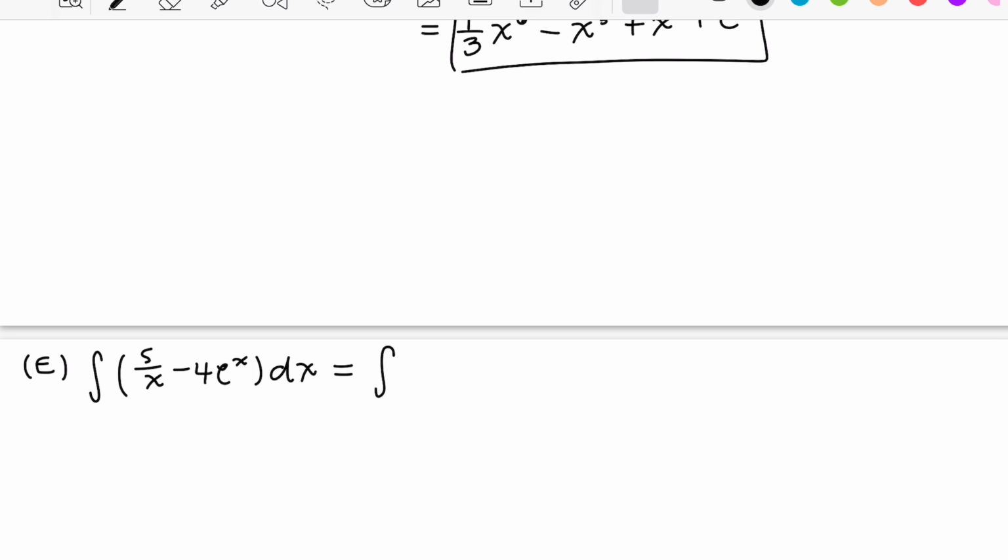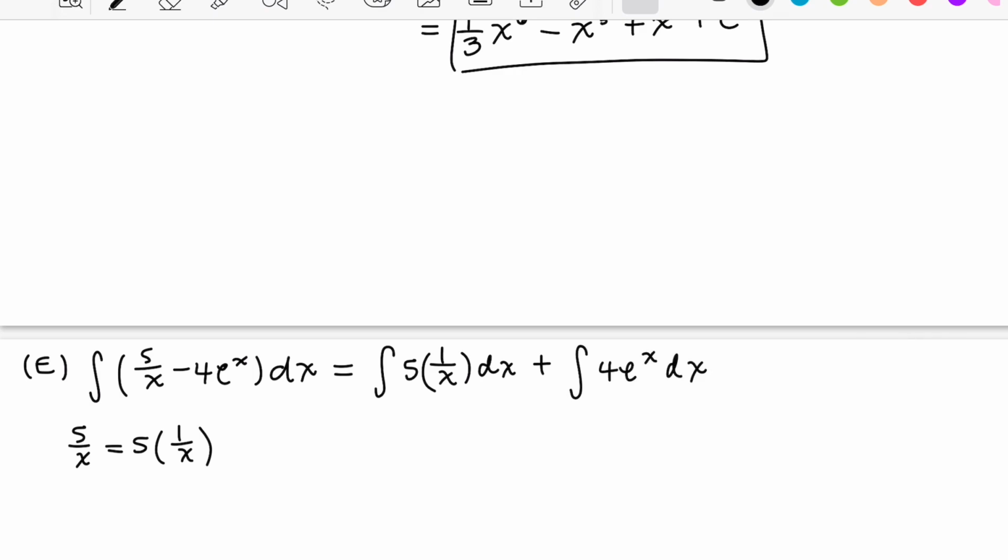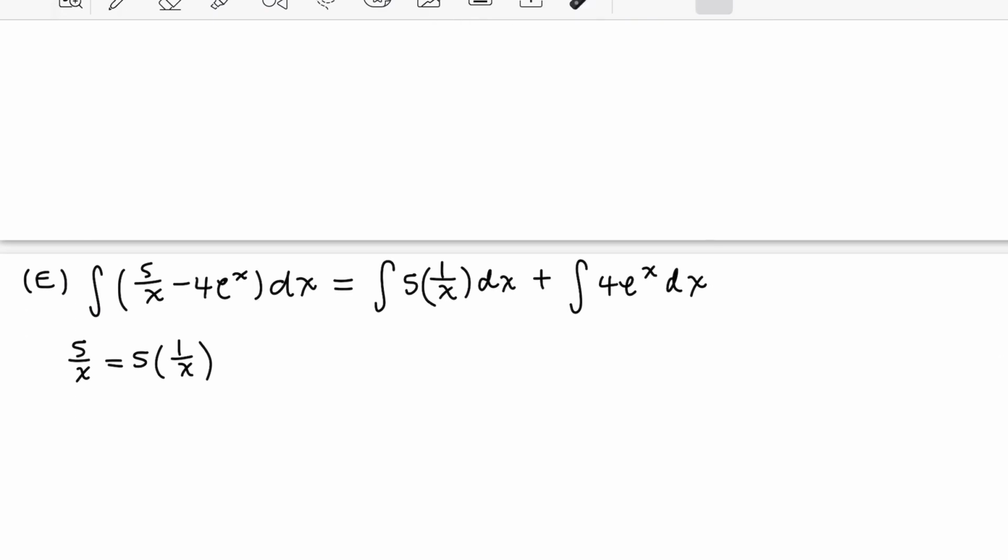So this is going to be the integral of, and note that 5 over x is the same thing as 5 times 1 over x, so we'll use that as well. So we'll get 5 times 1 over x plus the integral of 4e to the x dx.